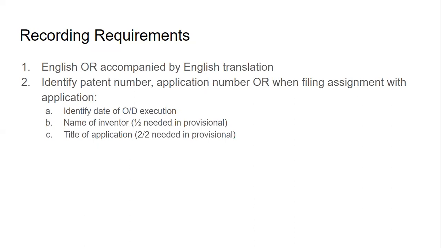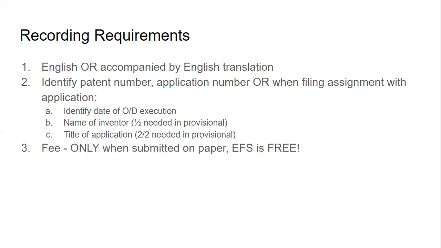So the little provisional things, name of inventor, that's one of two things needed in provisional, and the title of the application is two of two things needed in provisional, right? Because there is no oath or declaration in a provisional. So then as far as the fee, that occurs only when submitting on paper, right? So if you are filing or recording on an electronic filing system, it is free. So yay.